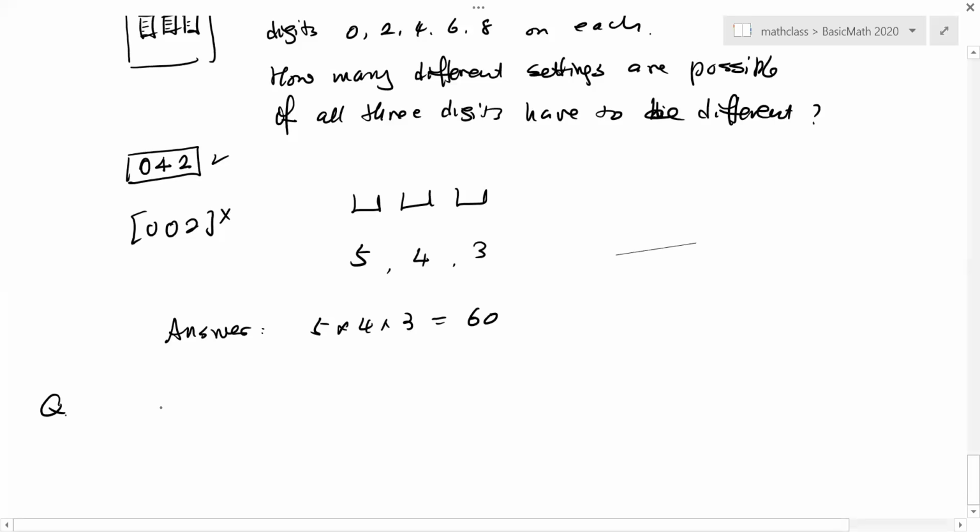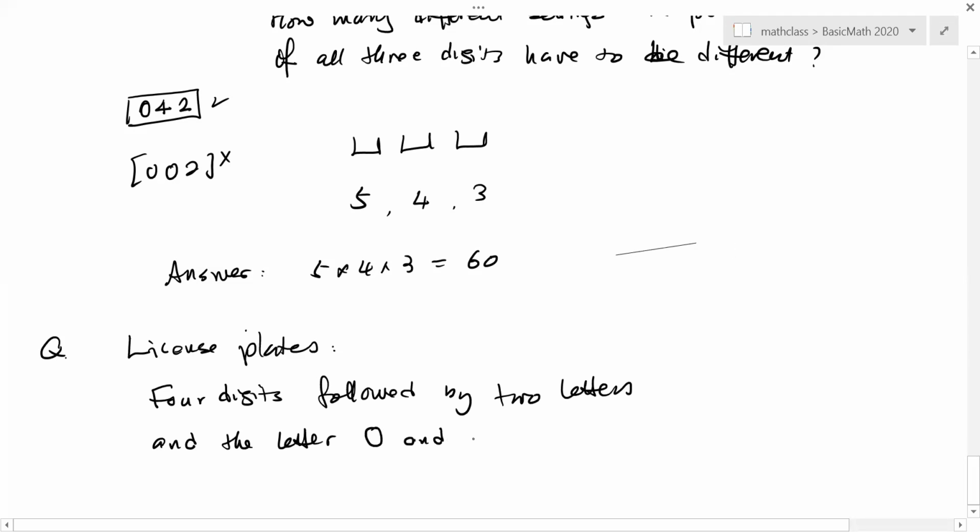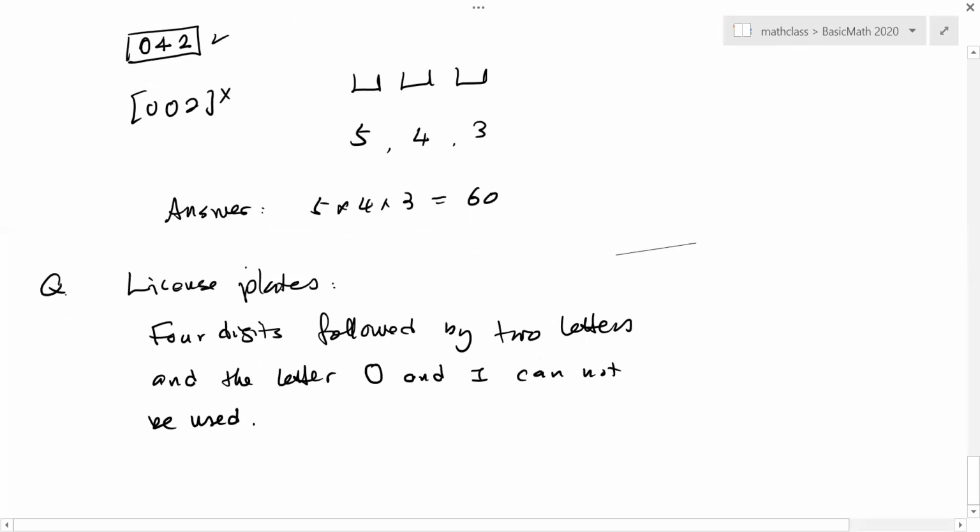License plates are issued that contain 4 digits followed by 2 letters, and also the letters O and I cannot be used. How many license plates are possible?